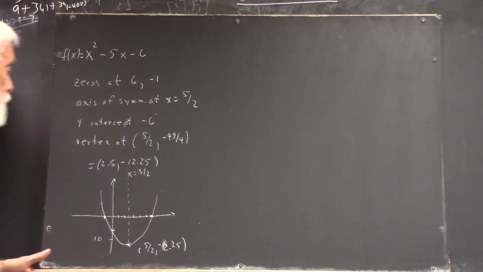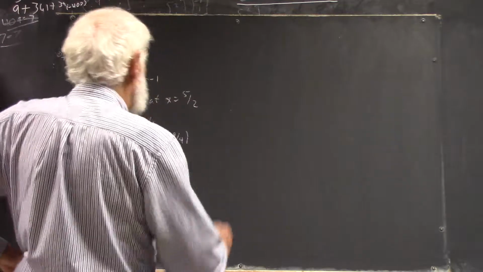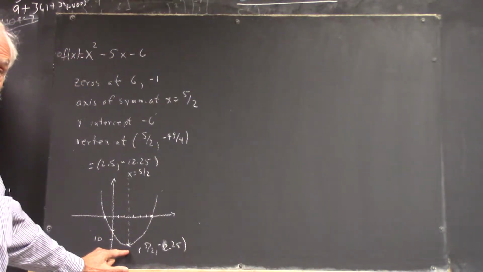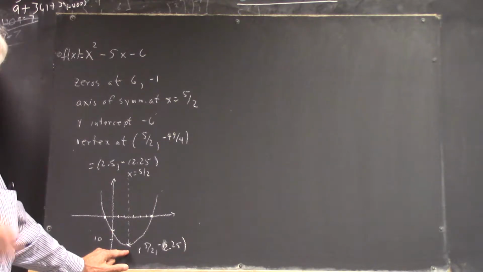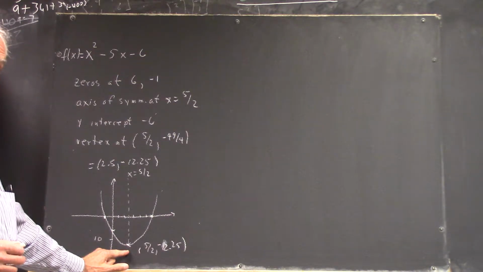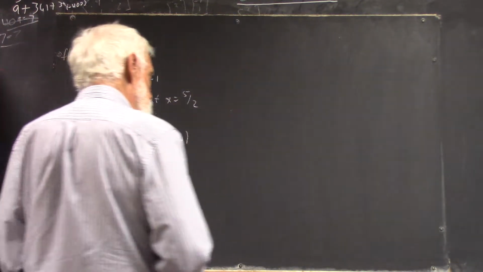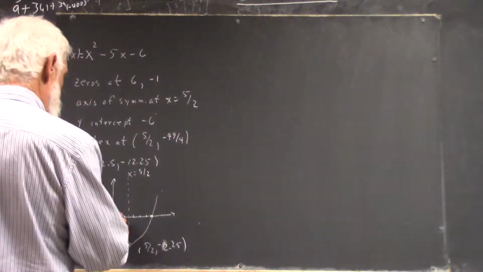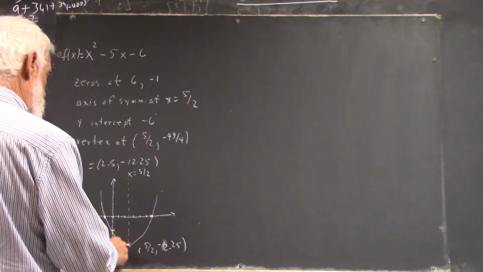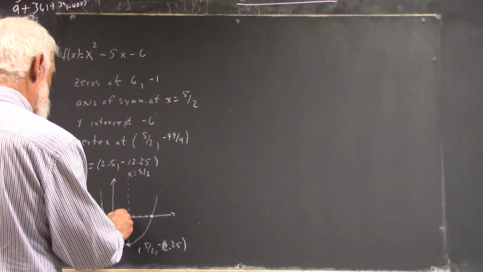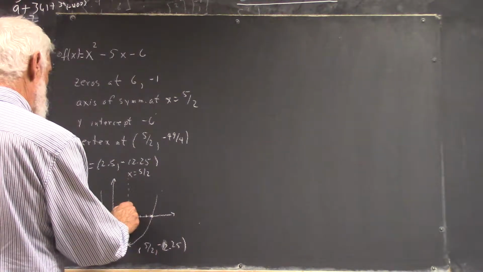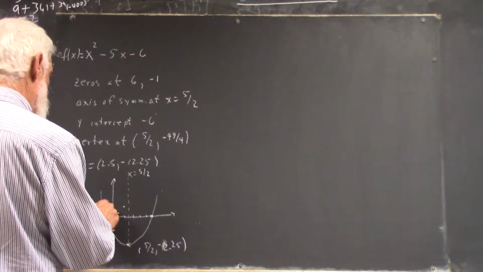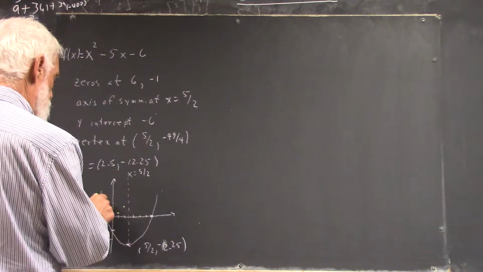Okay. Well, there's our function. Now, this is just a transformation of the y equals x squared graph. Okay? So you take the y equals x squared graph, which would of course go through 0, 0, and 1, 1 would be about here, and 2, 4 would be about here, and negative 1, 1 would be about here, and negative 2, 4.